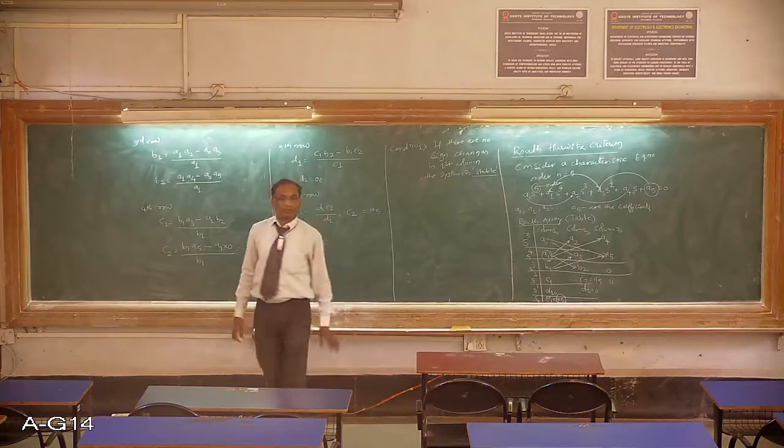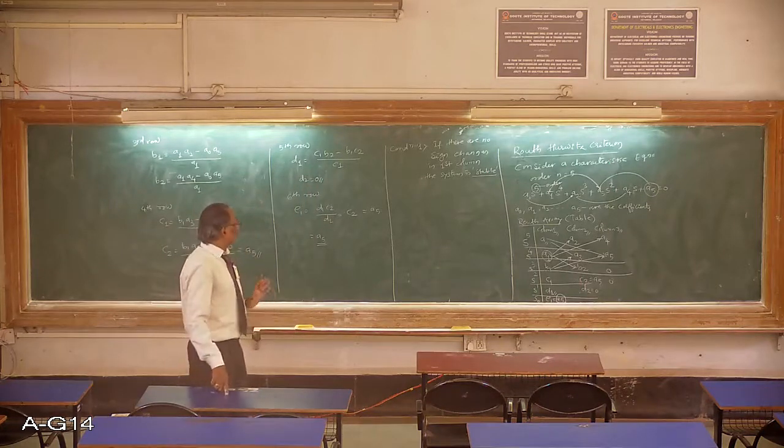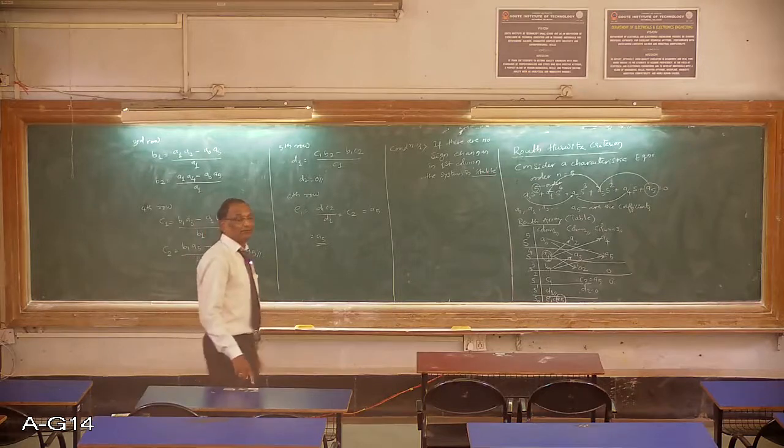So how to test the stability? For the system to be stable, there should not be any sign changes in the first column.